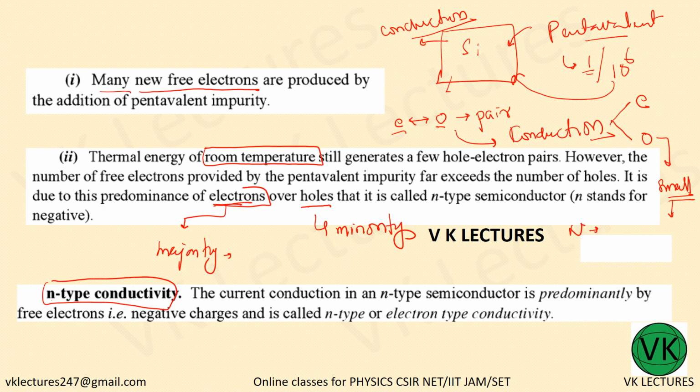In an n-type semiconductor, the conductivity is due to negatively charged particles. What is the negatively charged particle here? That is electrons. Those electrons are responsible for conductivity. So it is called n-type, or electron-type conductivity. This is for the n-type semiconductor.